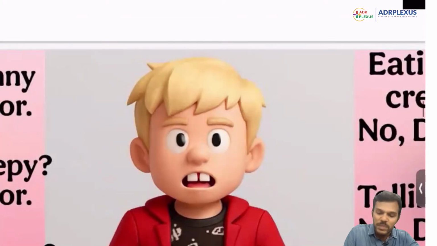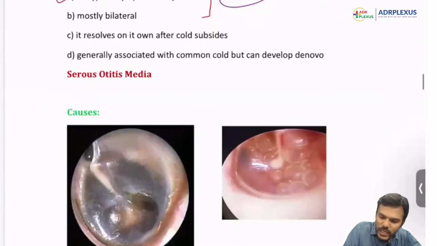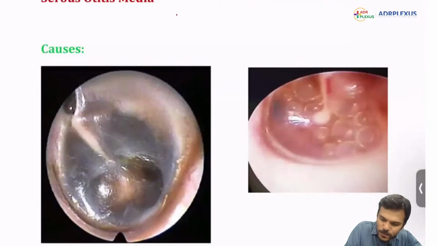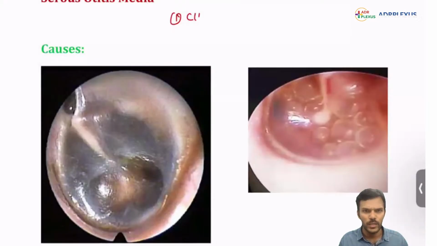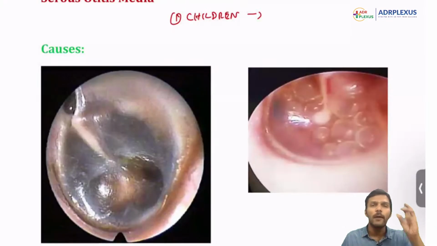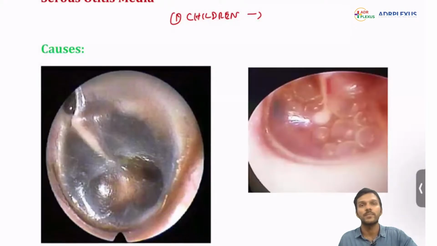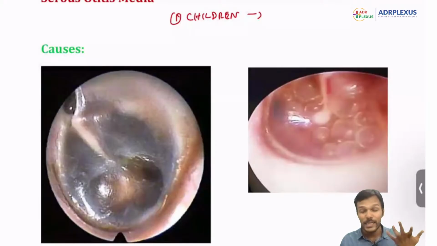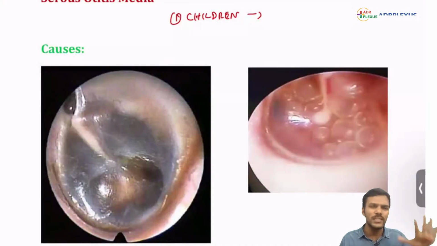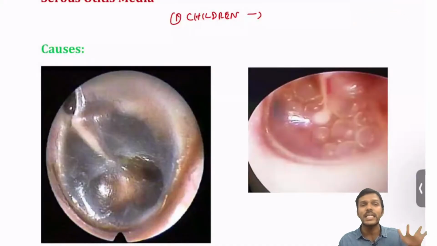Serous otitis media in children, very important: adenoid hypertrophy, or else they may give a history of adenoid facies. A child coming to you with snoring, frequent disturbance of sleep, sunken eyes, wide nose. Every other feature of adenoid facies can be asked as a clinical question.